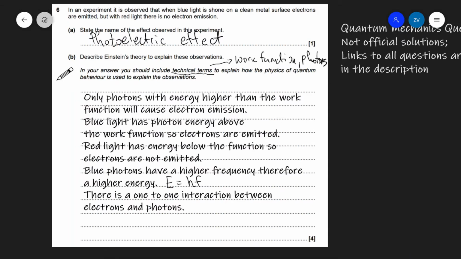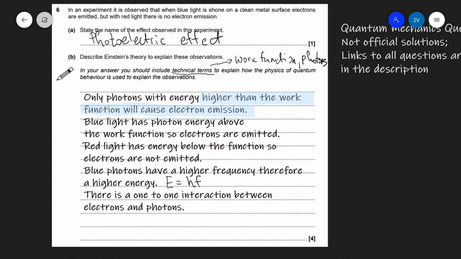In this question, and in general in the photoelectric effect, only photons with energy higher than the work function, this is really important, will actually cause electrons to be emitted. Blue light has photon energy above the work function, and therefore electrons are emitted.